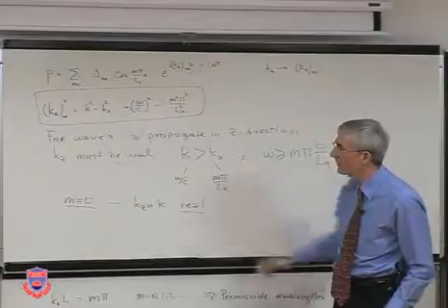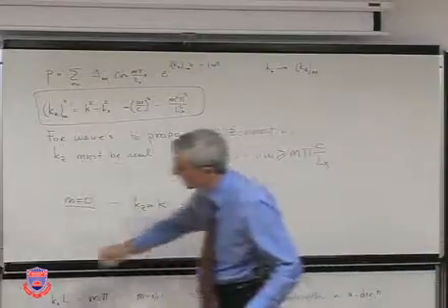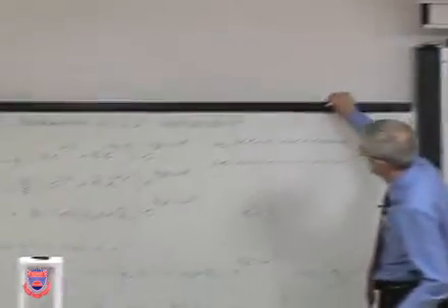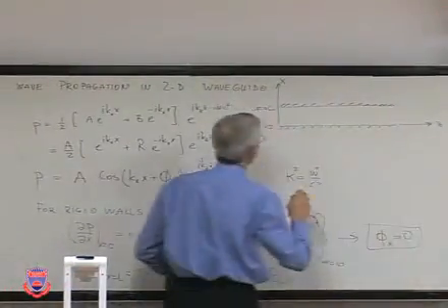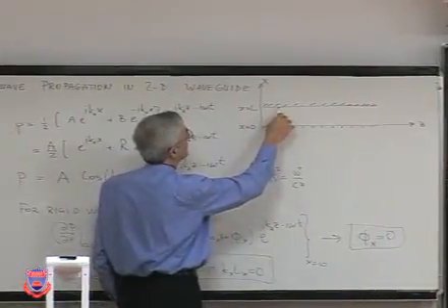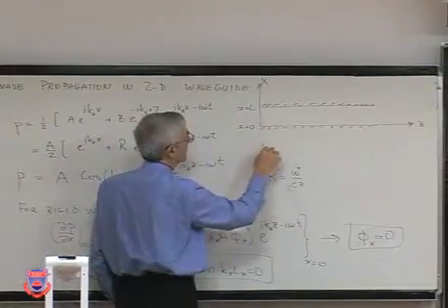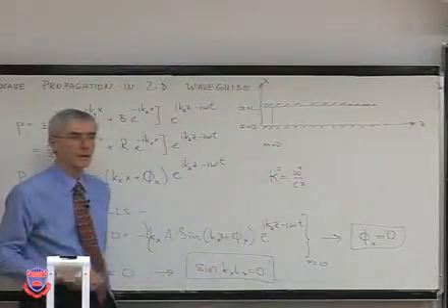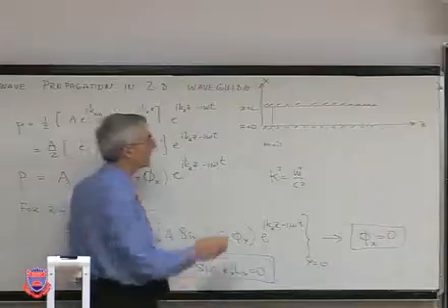What do we mean by mode? If you look at this, in the first mode, when it's a zero mode, it's a plane wave. Pressure is the same all the way across.